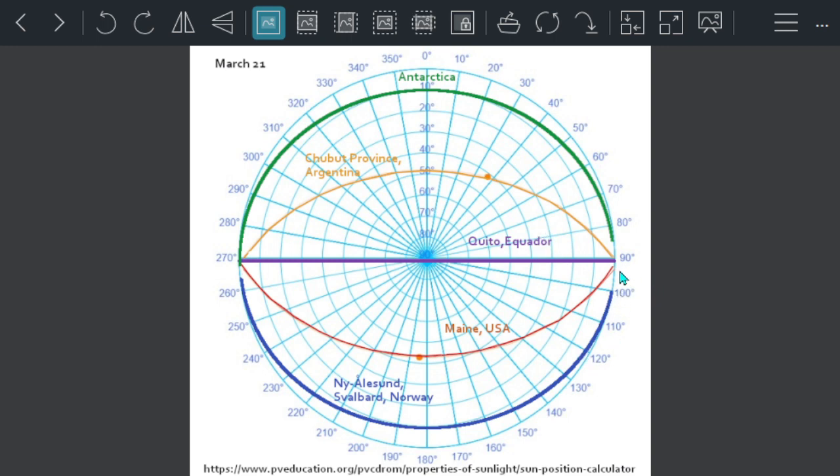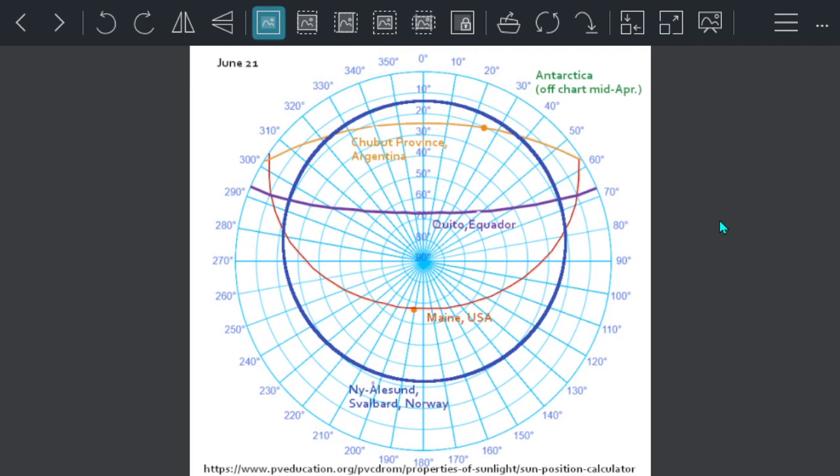If you're in Maine, you're going to see at the equinox, whether March or September, the sun get 10, 20, 30, 40-some degrees overhead. Whereas if you're all the way up in Norway, you will only see it 10 degrees overhead. And the mirror images if you're in the south looking north toward the equator.